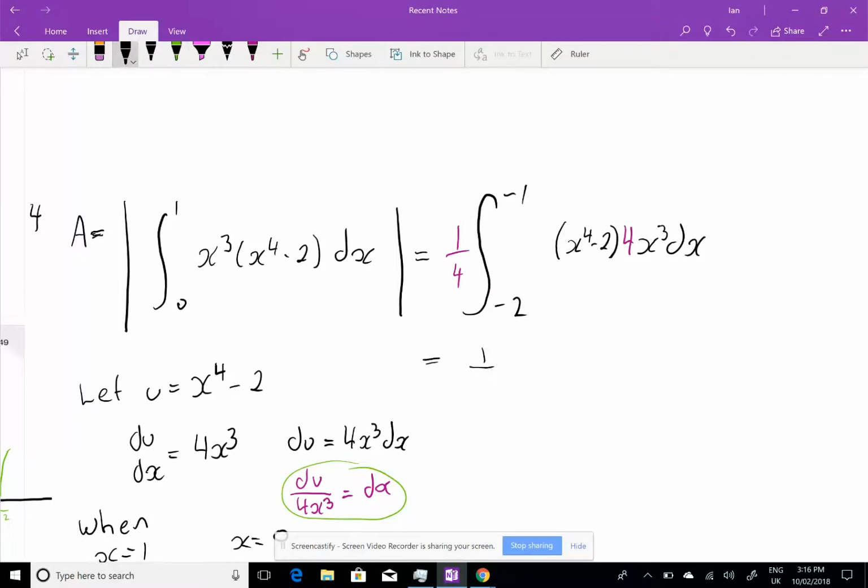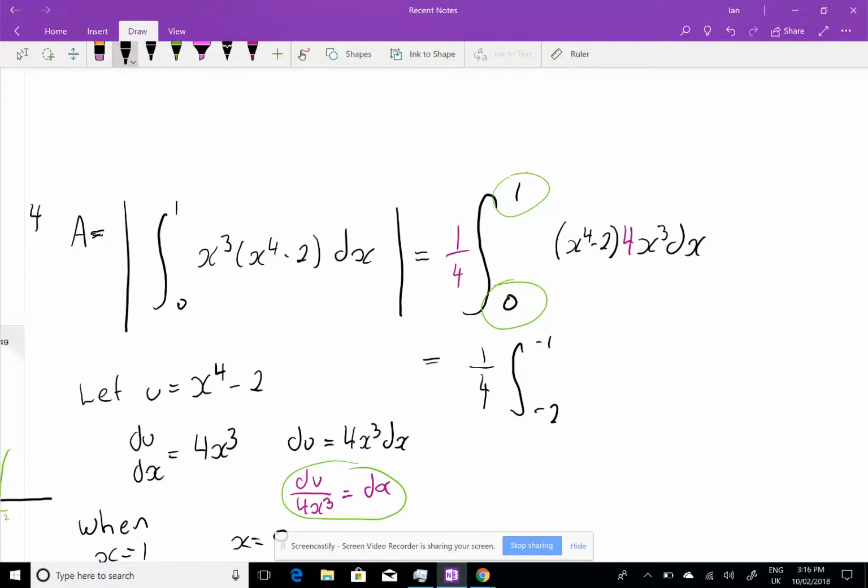So now I've got a quarter between minus 1 and minus 2. That's strictly not correct because I changed the parameters without changing to u and du. So that line is a little bit incorrect. Let's not have that. I shouldn't change parameters until I change the integration with u in there.